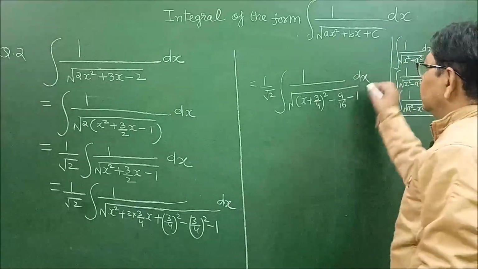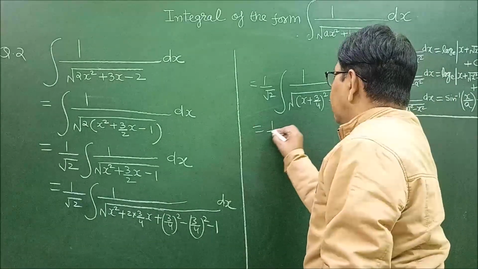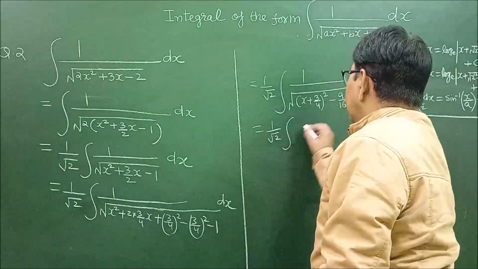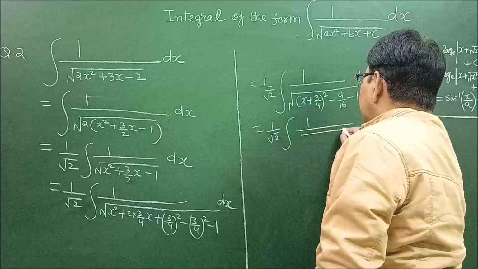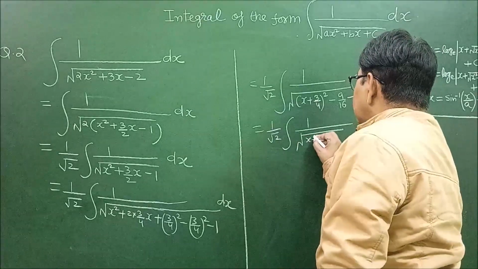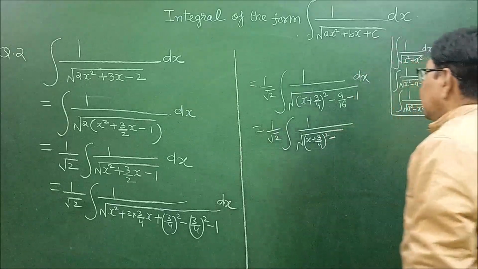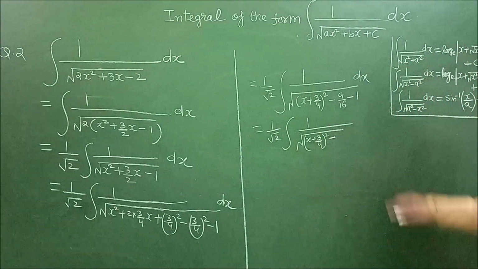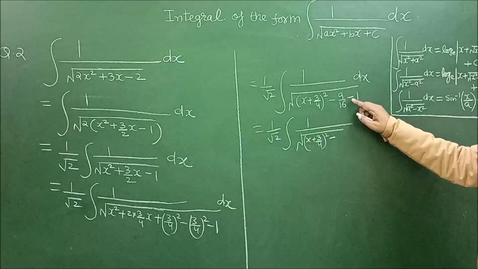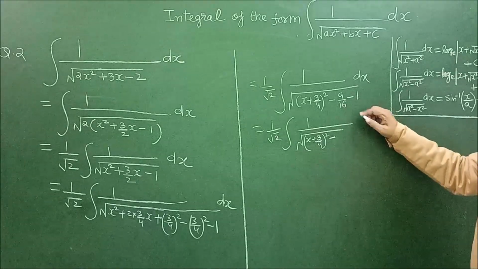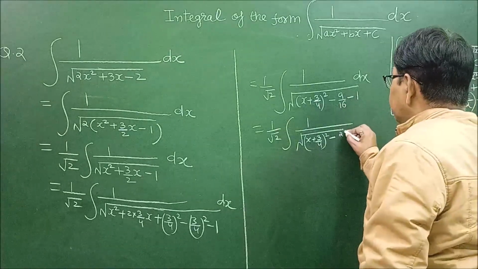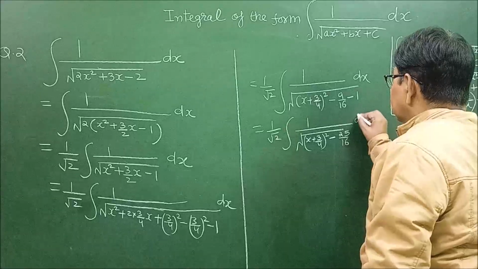So this is equal to 1 upon under root 2 integral of 1 upon under root of (x + 3/4)² minus 9 upon 16 and 1, which means if same sign, add 9 and 16, 25 upon 16, dx.